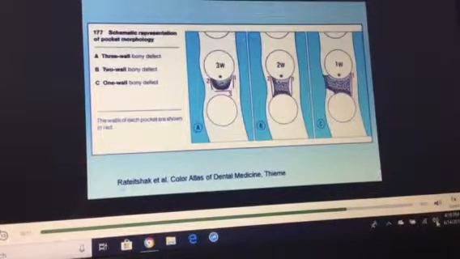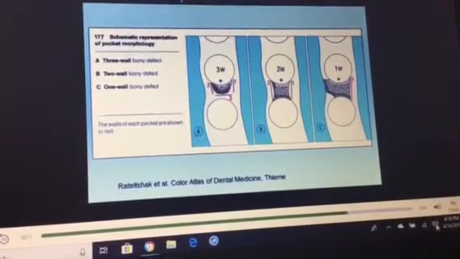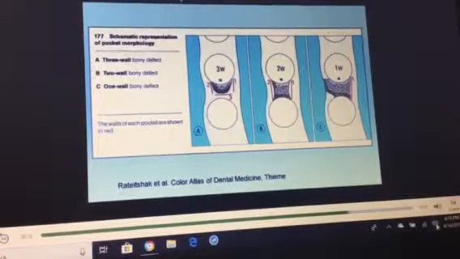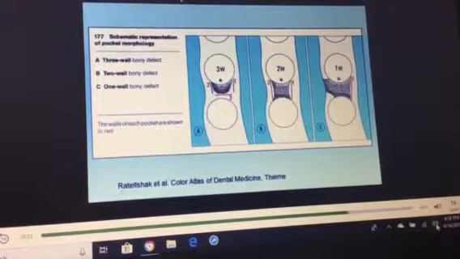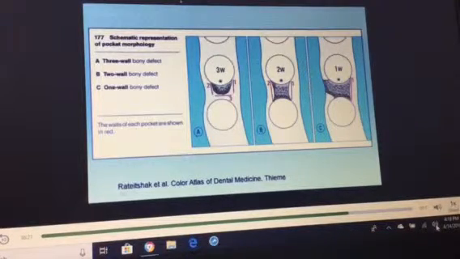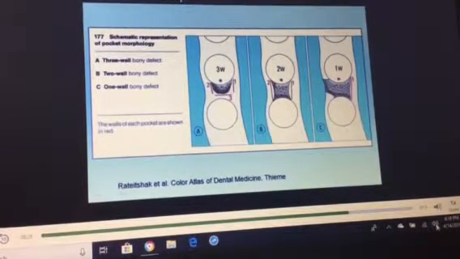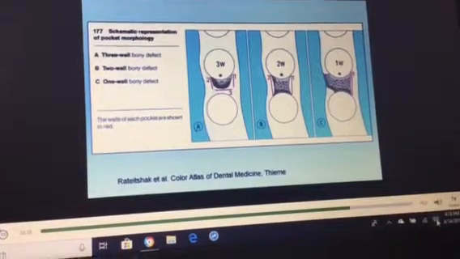And we have combinations sometimes. All the way at the apex of the pocket, we will have maybe 2 or 3 walls, and then as you come coronally, you might lose some of the walls. If it is shallow, then we can do osseous contouring. If it's deep, we will do regeneration. It depends how shallow and how deep it is.